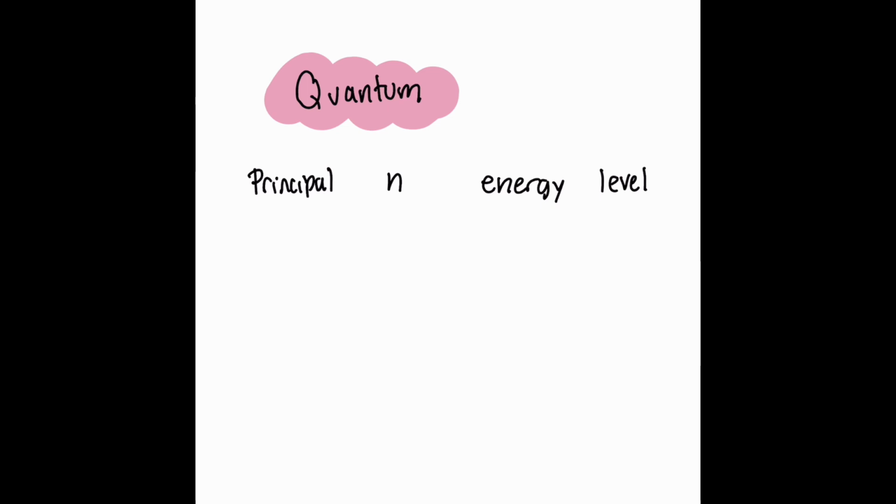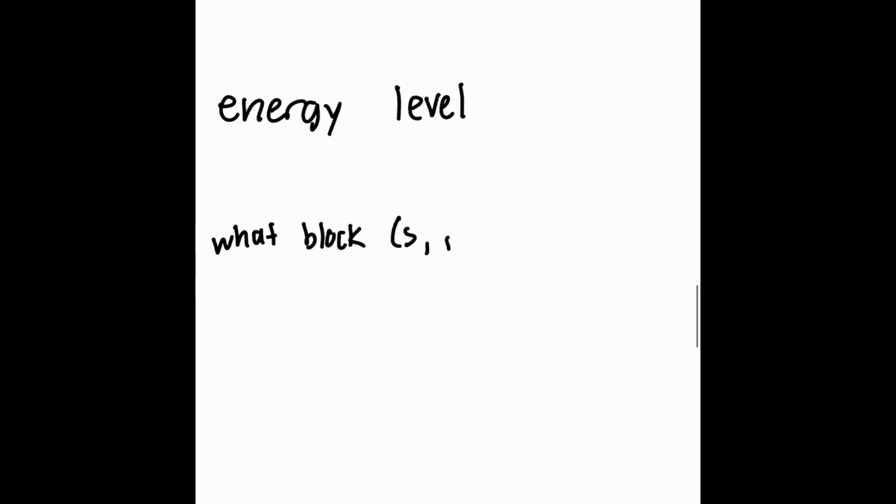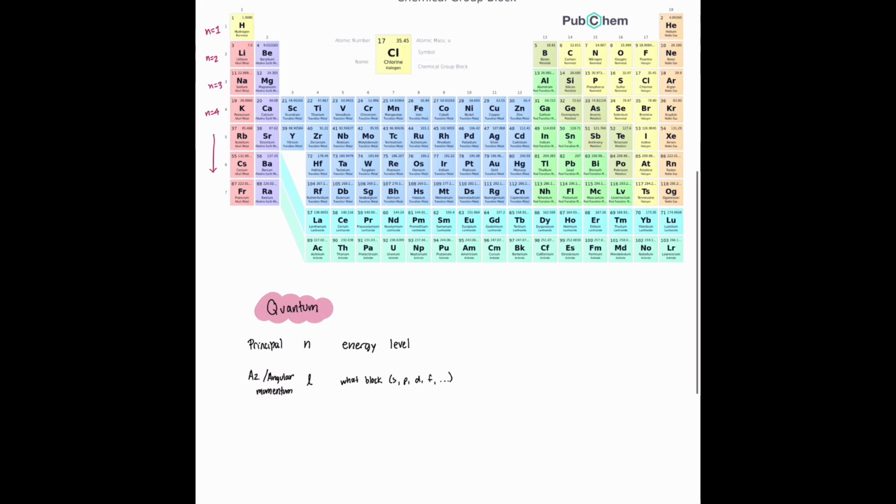Your next quantum number is called one of two things: your azimuthal number or your angular momentum number. That will normally be represented as an L, and it represents basically what block we are in. Are we in our S block, our P block, our D block, or our F block? Technically there are other hypothetical blocks, but when looking at our periodic table here, we really just focus on those four.